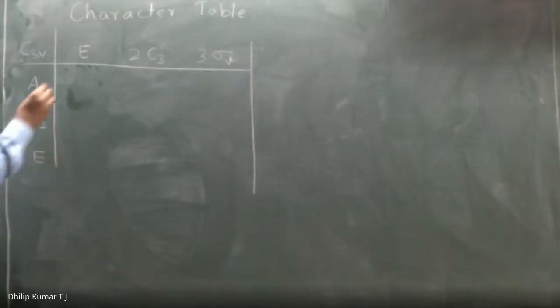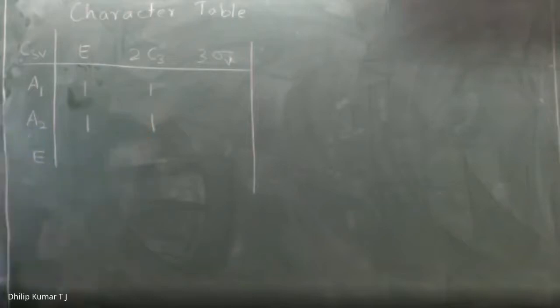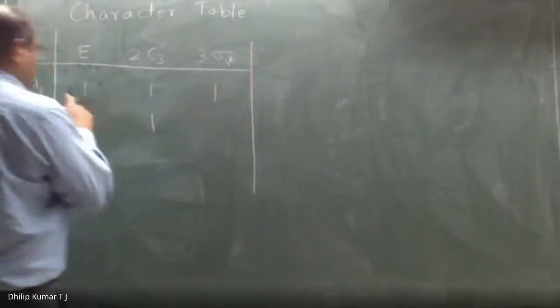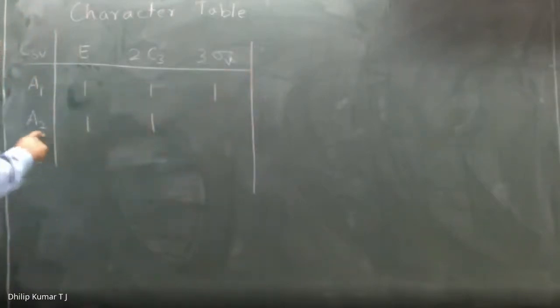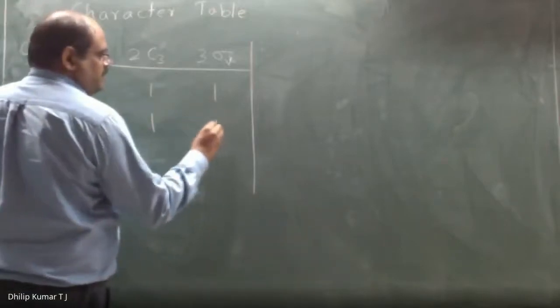Okay. So A means 1, 1 here. A1 means all are positive, and A2 will have a negative under sigma V plane.